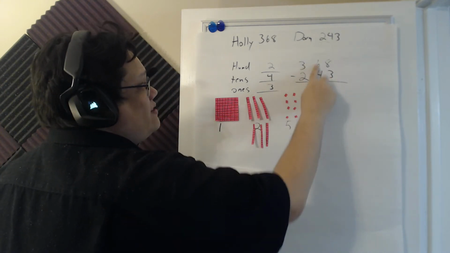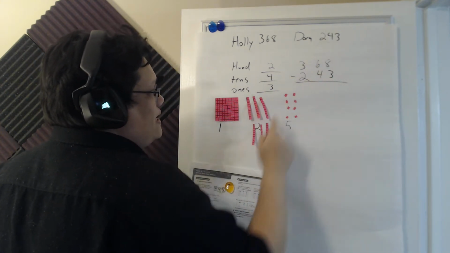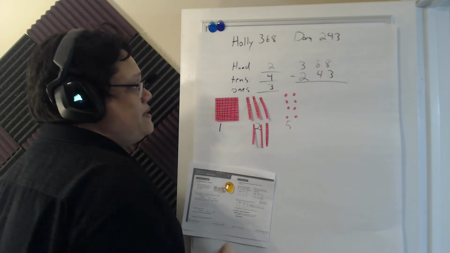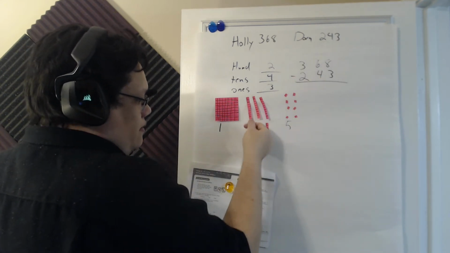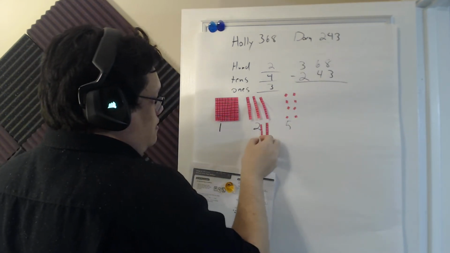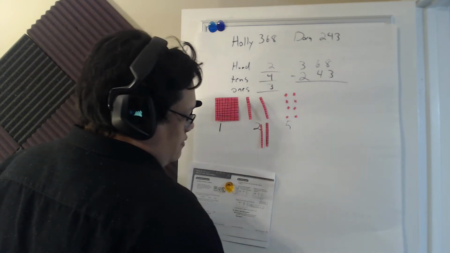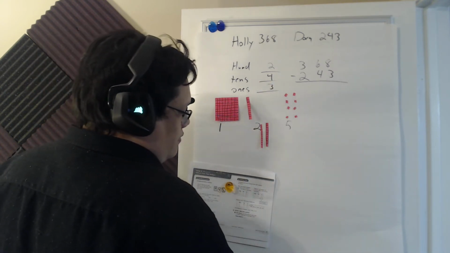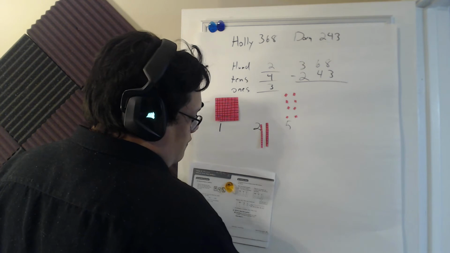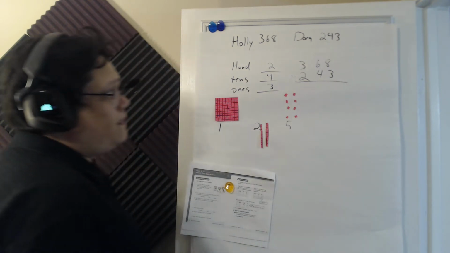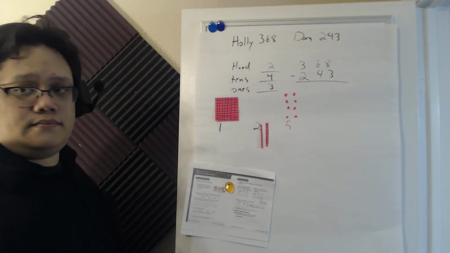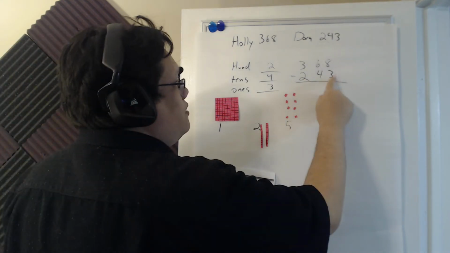How many tens are we taking away? So we have 6, which is that top number. How many are we taking away? 4. 1, 2, 3, 4. Okay? So, we get over here.